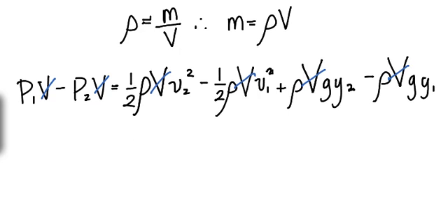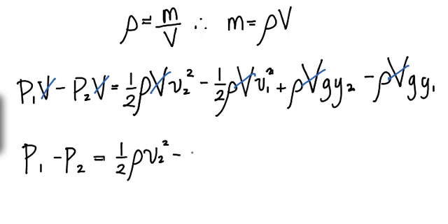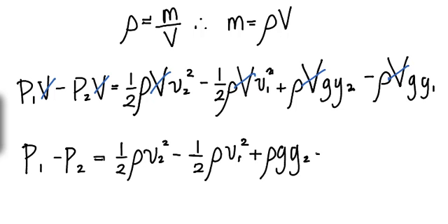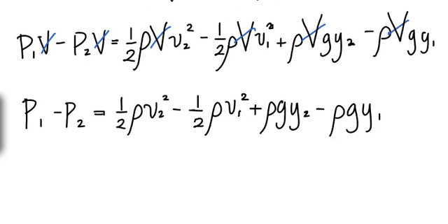All right, so that means that I'm left with P1 minus P2 is equal to 1/2 rho V2 squared minus 1/2 rho V1 squared plus rho g y2 minus rho g y1. All right, so let's go to all the ones on one side and all the twos on the other side.